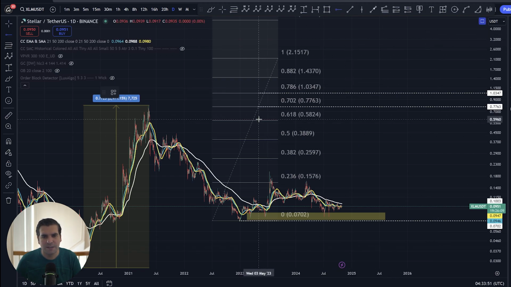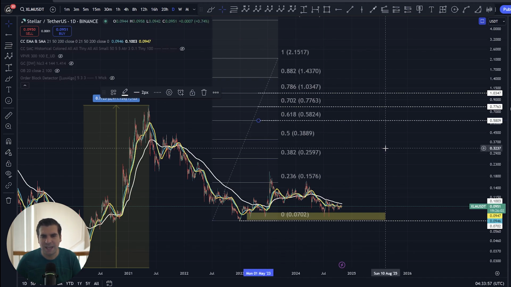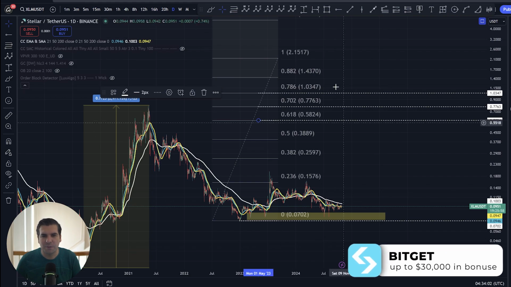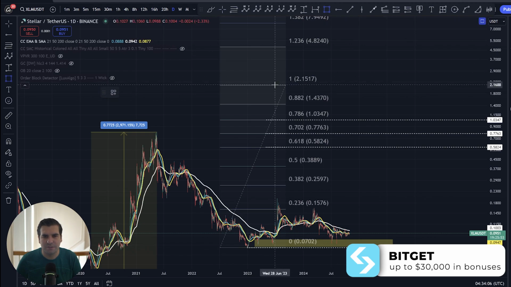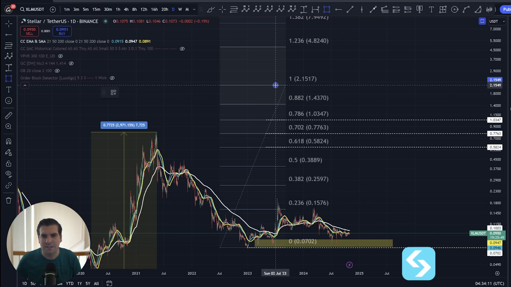And then I'm going to do the next main resistance or support level, which would be found at the 0.618. That is 58.24. Okay, these are three key areas that we want to focus in on when it comes to the price action, as well, of course, as this little range up here a little bit higher, at $2.15.17.